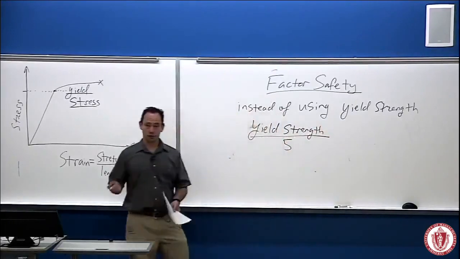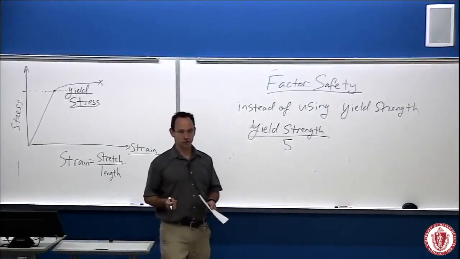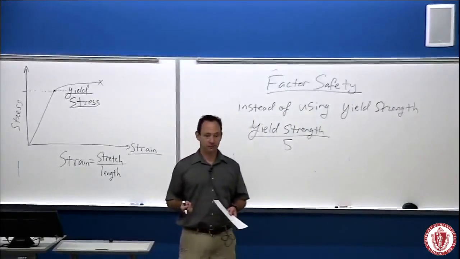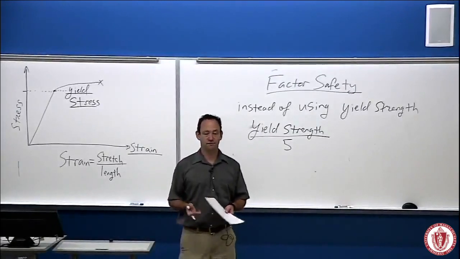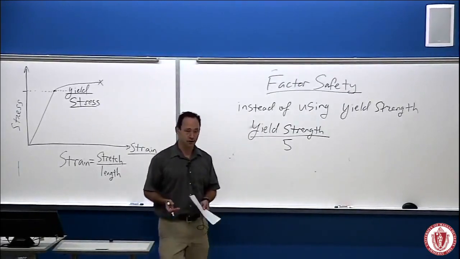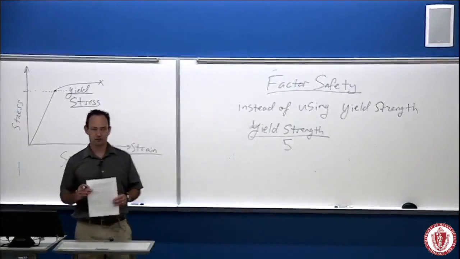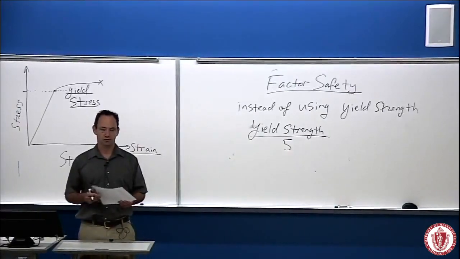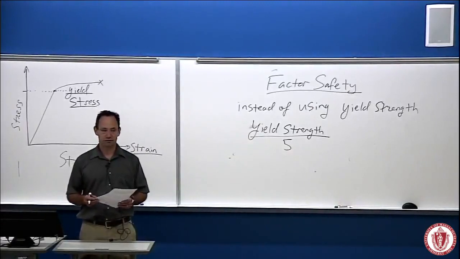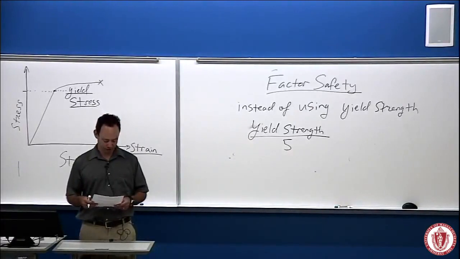Or, put another way, if you calculate the stress in your device, and it's only going to experience 1/5 the yield strength, you say, okay, I've got a factor of safety of 5. And in life-critical designs, it's common to have like a factor of safety of 10. Right? You don't want to come anywhere close to killing somebody.